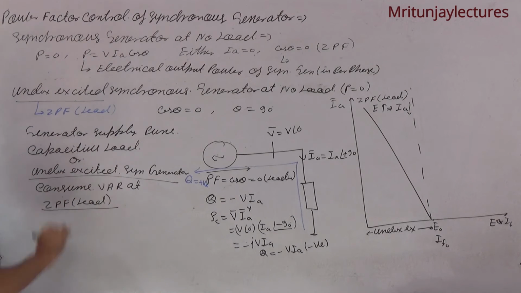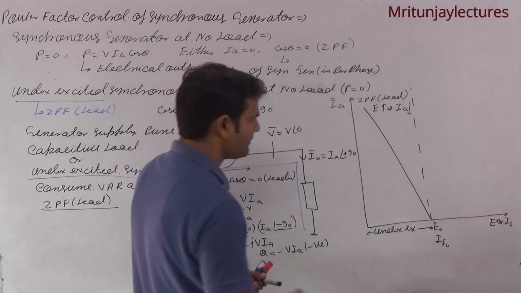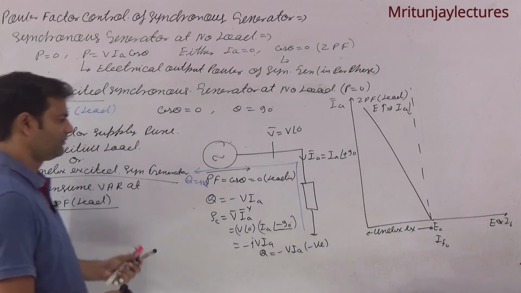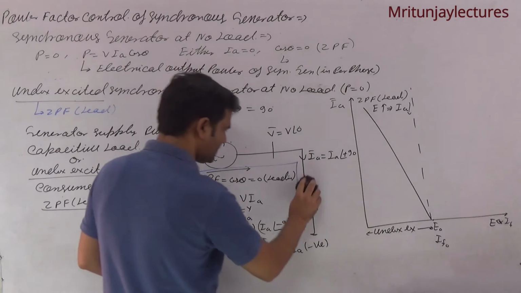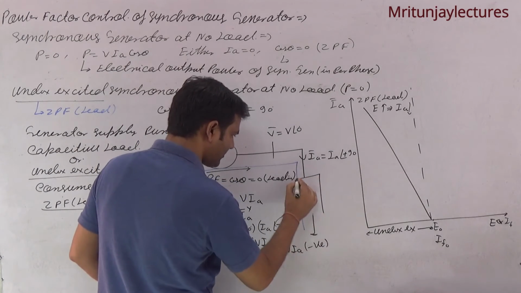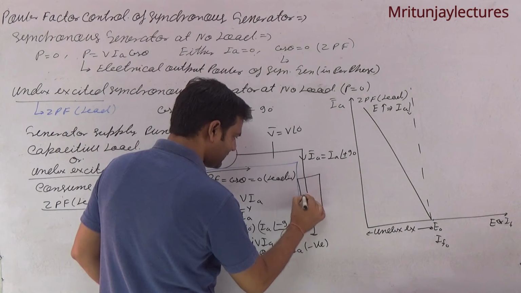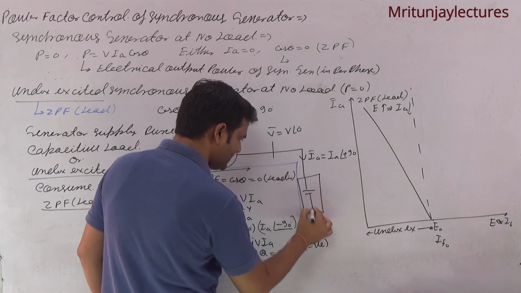Okay, now next one, over excited synchronous generator. First of all, make it. It behaves as a capacitor, so you can also make it. Why does it behave as a capacitor?